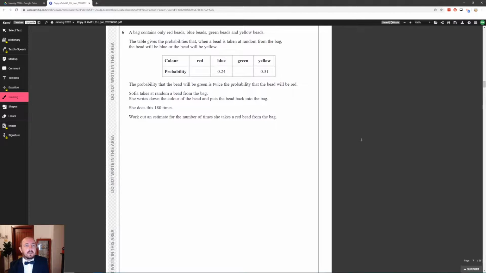Question 6. Probability of green is twice the probability of being red. So I'm just going to represent that with some algebra here, and then we can add all of these up to give you a probability of 1. So we have 3x equals 1 minus 0.24 plus 0.31.